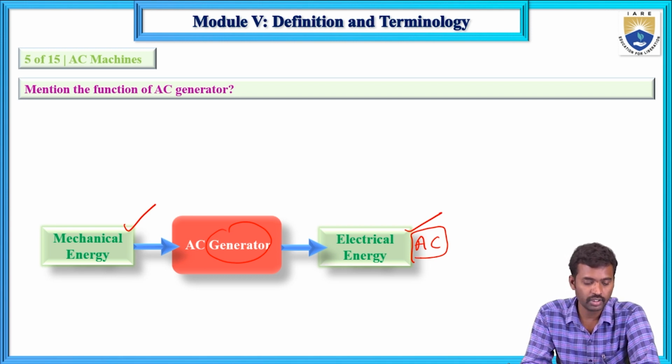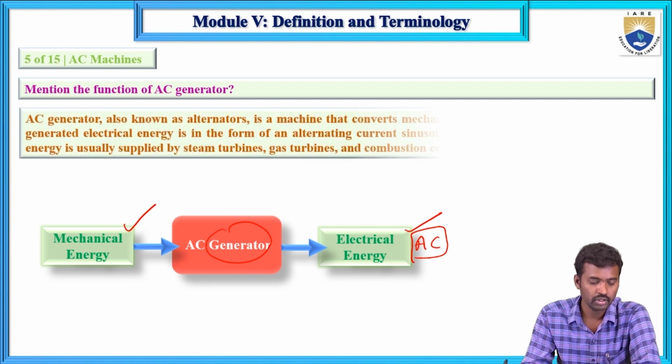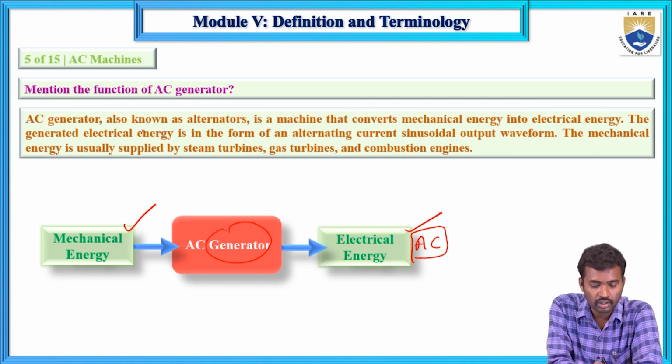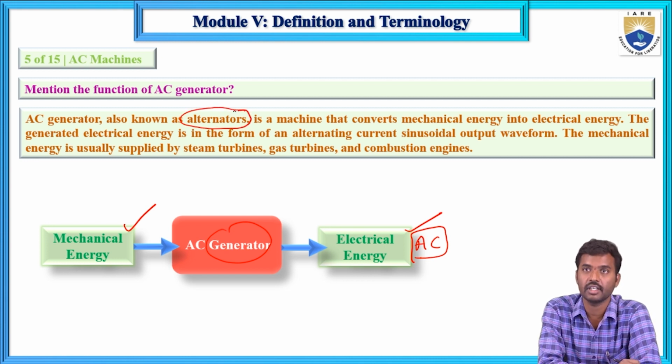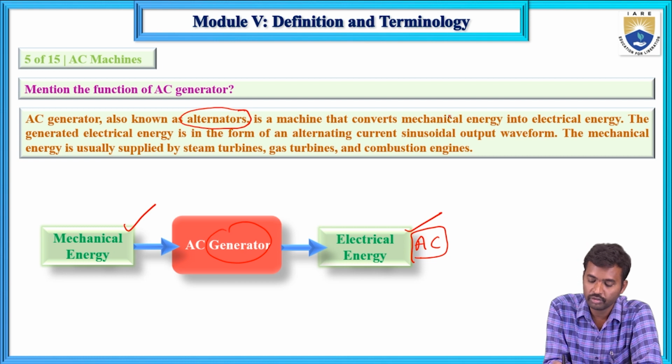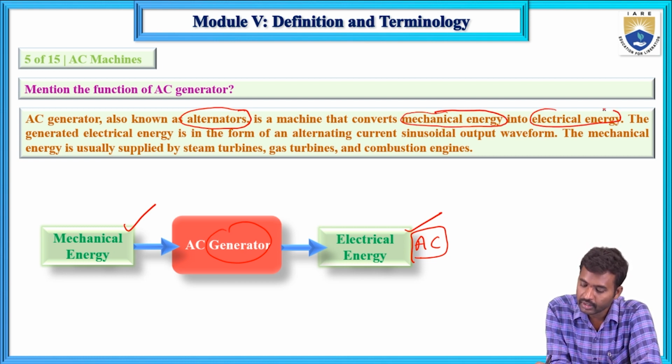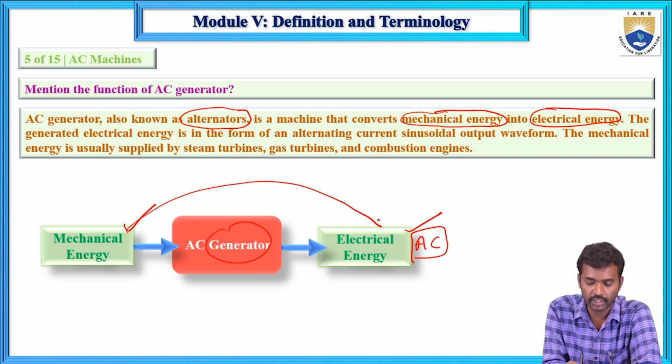Now see the definition. An AC generator is also known as an alternator or synchronous generator, a machine which converts mechanical energy to electrical energy. If that is AC, it is an AC generator.